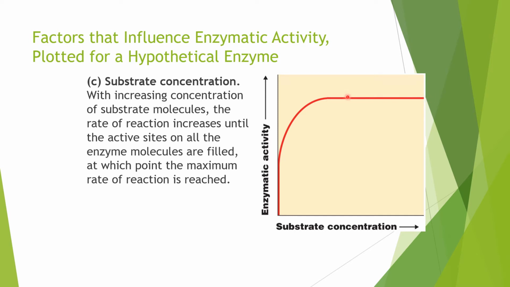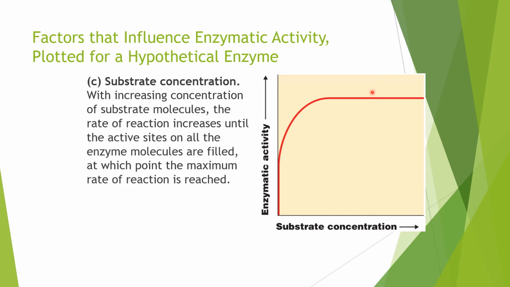And the reason why you see that plateau right here is because even though you're adding more and more substrates, if all you have are, let's say, 200 enzymes, and currently all the 200 enzymes are occupied by the substrates, and you go ahead and add some more substrates, well, the reaction cannot go any faster because all the enzymes are currently occupied by all of these substrates.